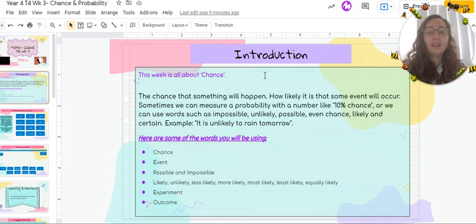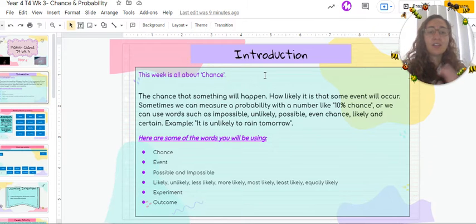And likely and certain. When we describe certain, it's 100%. It's definitely 100%. When we say impossible, there is 0% chance of it happening. Unlikely is about 0 to 10%.